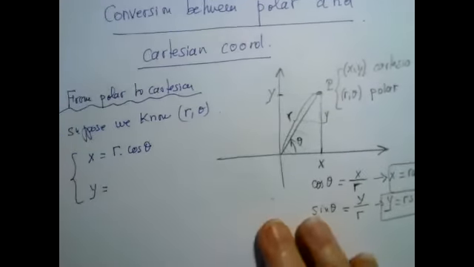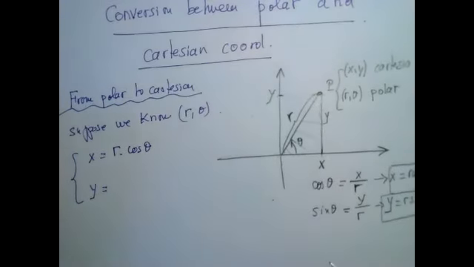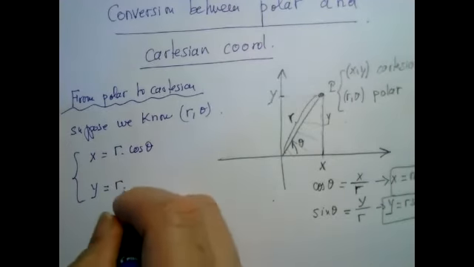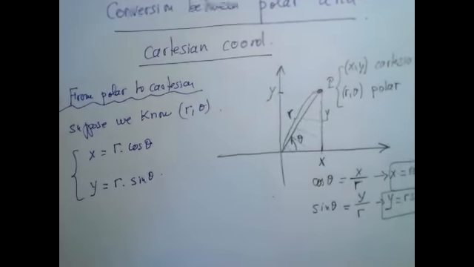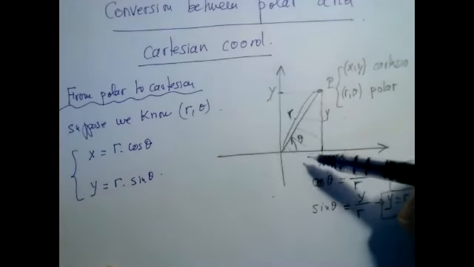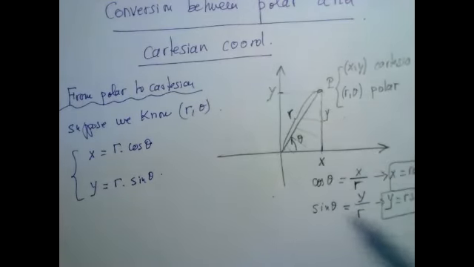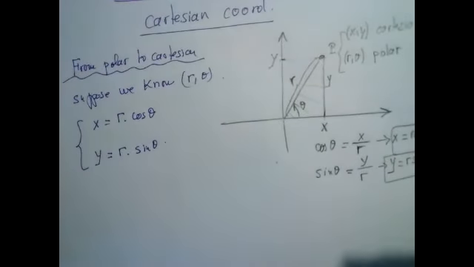So it's not sine theta, because I don't have r equal to 1. If I had r equal to 1, then the answer would be yes. So this is r sine theta. So if I know the r and the theta, I know the x and y of the point. So let us practice this a little bit, and then we will move backward.